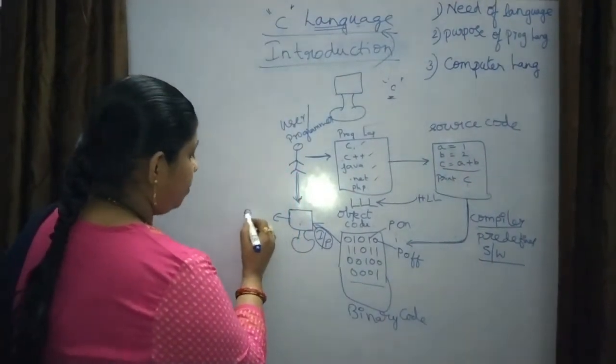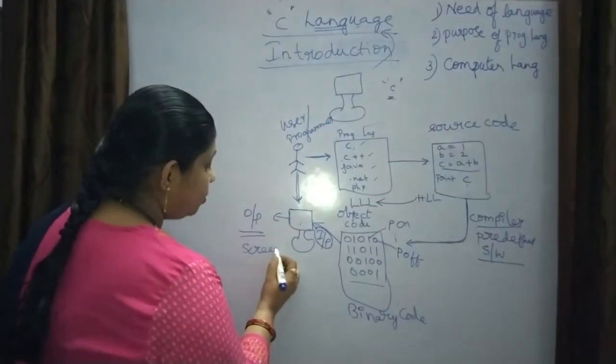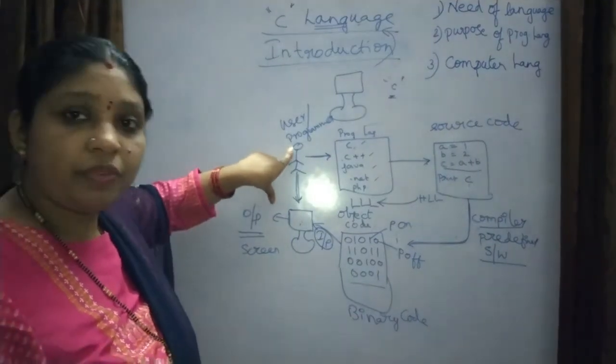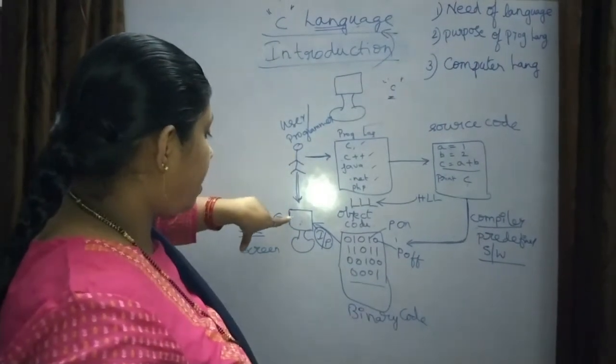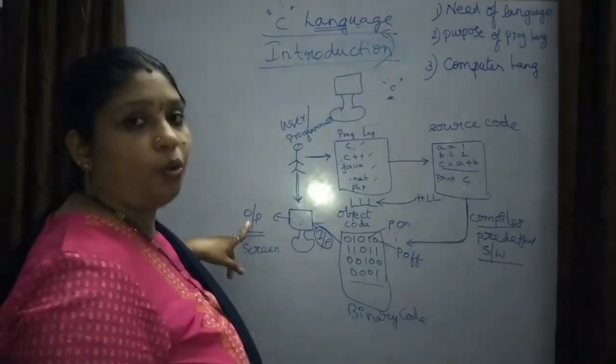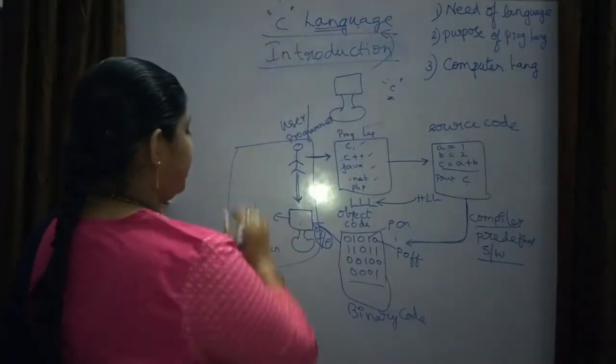How? Output is given on the screen, right? So in this way, when a user asks questions to the computer, he will directly get the output. We only know this much.